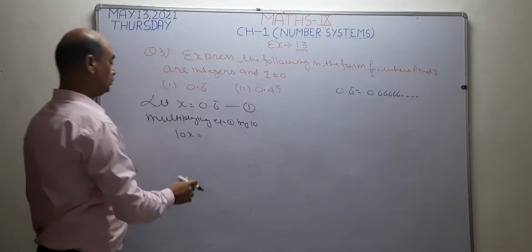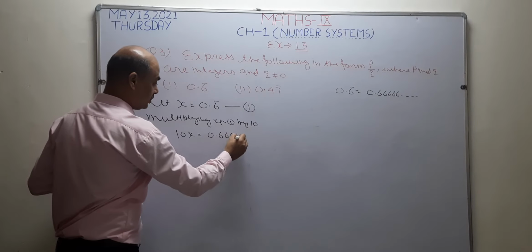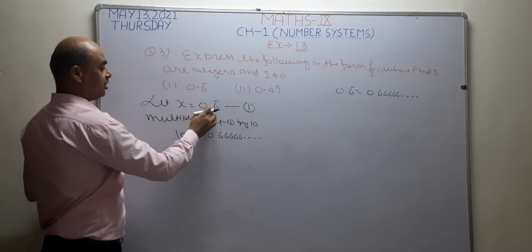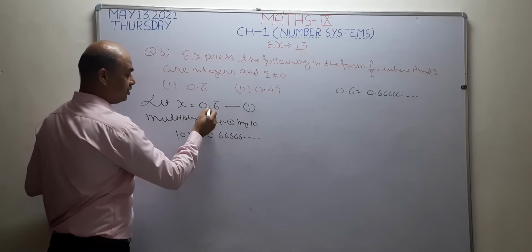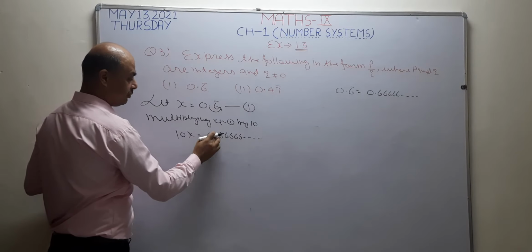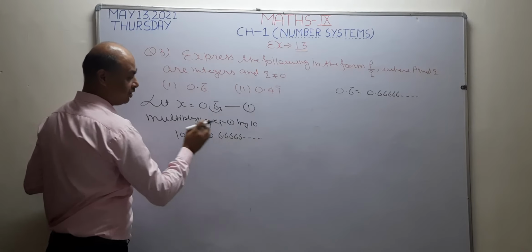So this number can be written as 0.66666 and so on. When I multiply this number by 10, this decimal goes one place back. When I take this decimal one place back, it comes in this type.